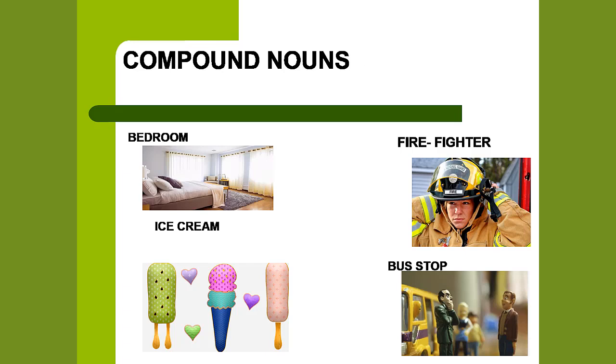Now you can see some other examples with pictures like bedroom, ice cream. There is a picture of firefighter. There is a hyphen between fire and fighter. Bus stop. There is a space between bus and stop. Bus and stop are two words, but there is a space between these two words and it becomes a compound noun.